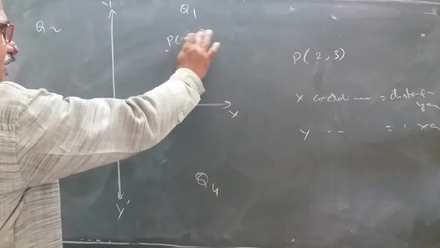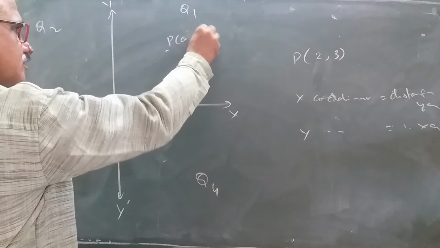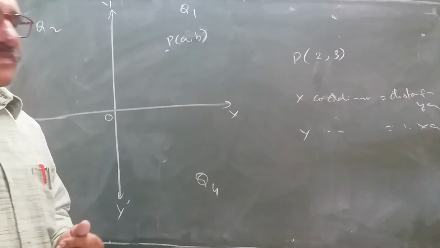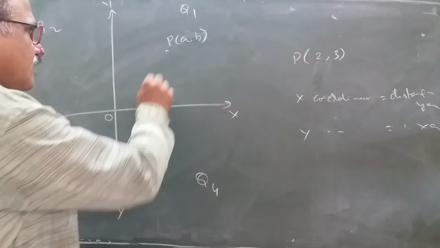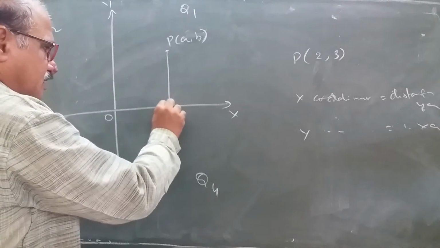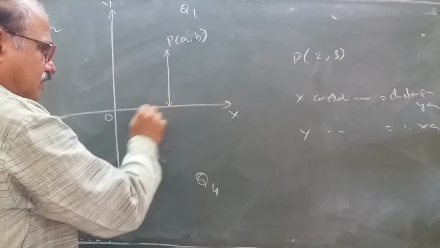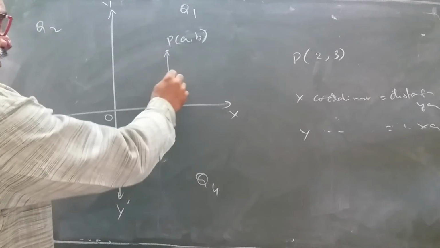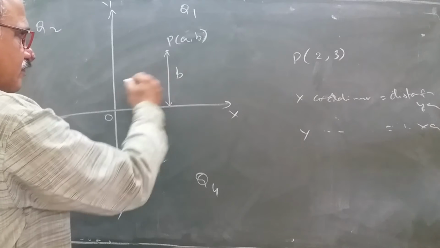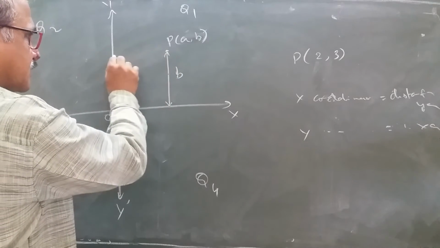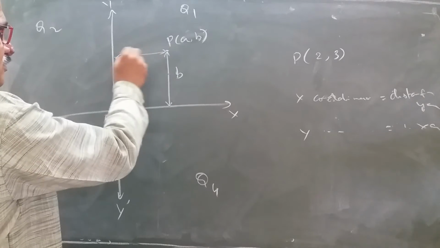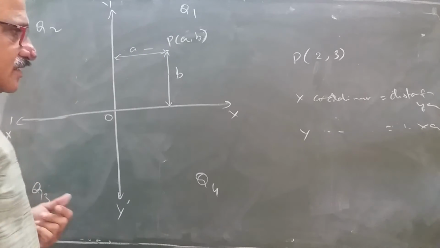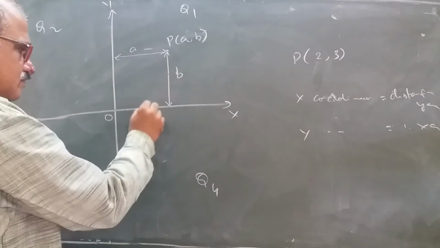Suppose P(a, b) is a point. What is the distance from the x axis to the point? This is the distance from the x axis, denoted by the y coordinate, that is b. The distance from the y axis is denoted by the x coordinate.